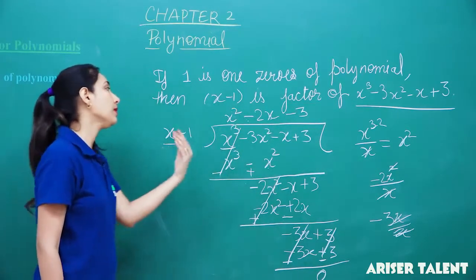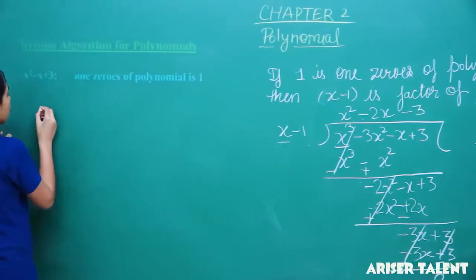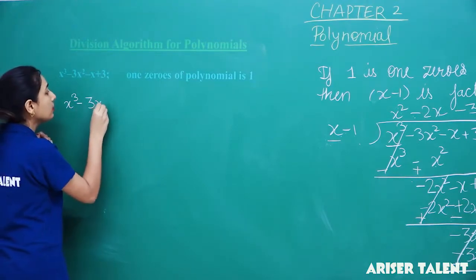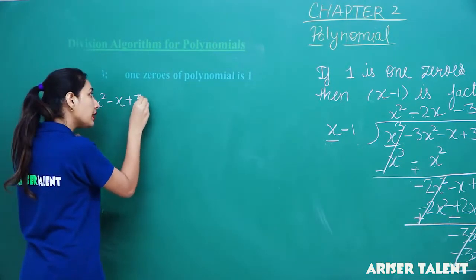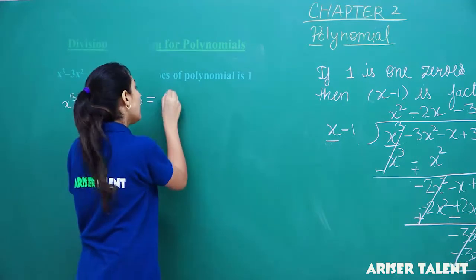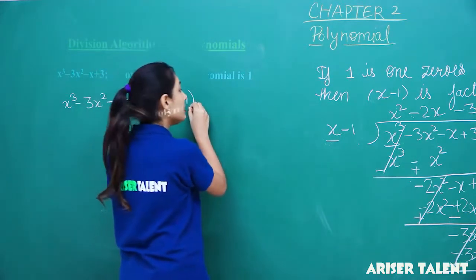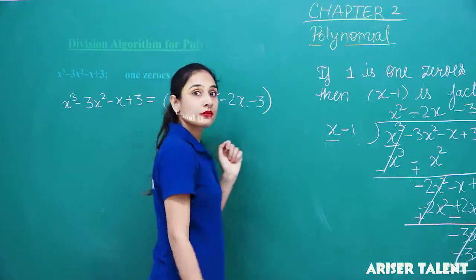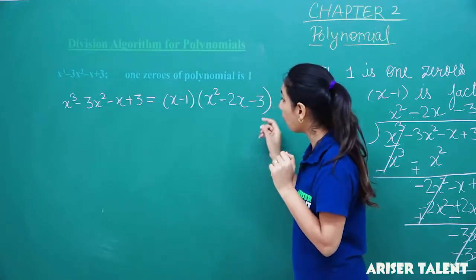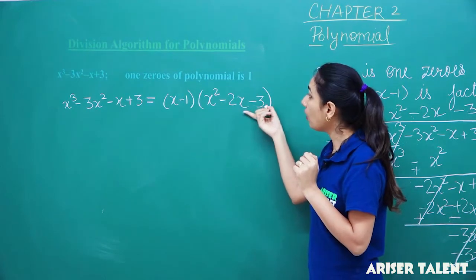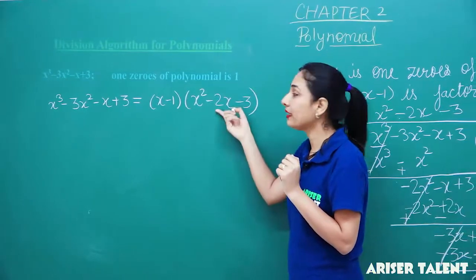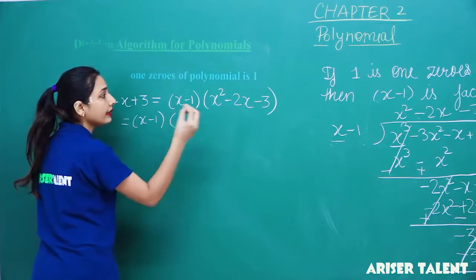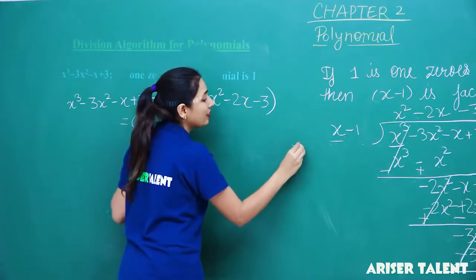Okay, so now come here. Can we write x cube minus 3x square minus x plus 3 equals x minus 1 multiplied by x square minus 2x minus 3? Right? Now I can apply my previous formula here. I will write this as x minus 1, then here this is minus 3.